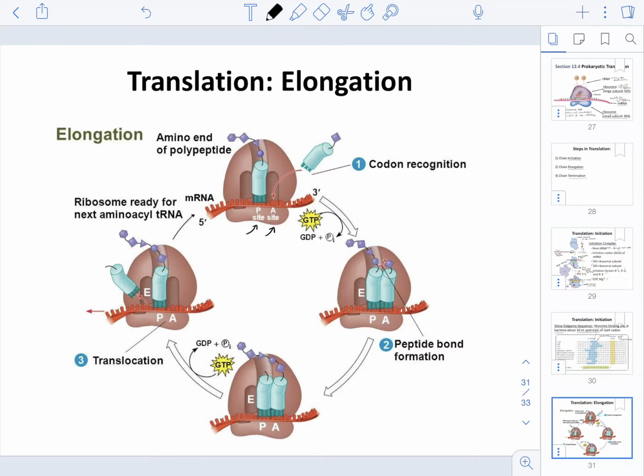More specifically, when it comes to the important sites, we have the A site, which is called the aminoacyl site, the P site, which is called the peptidyl site, and this is not illustrated, but I'm just going to write it in, the E site, which is the exit site. So let me just write them in the corner.